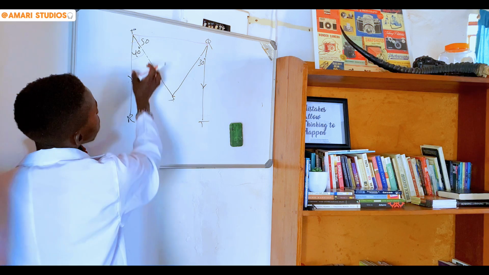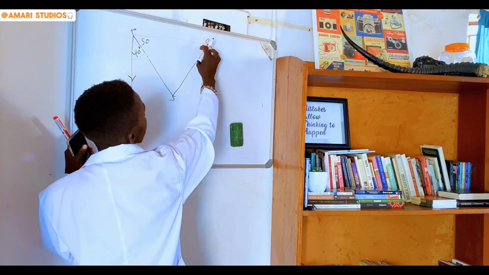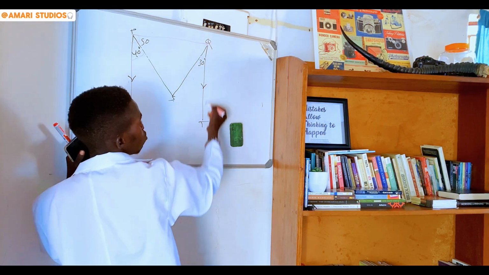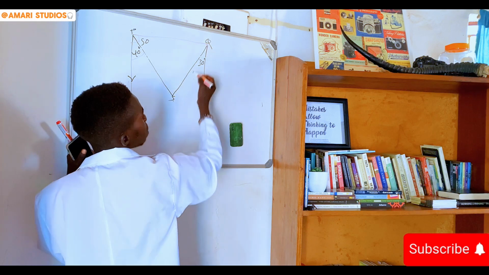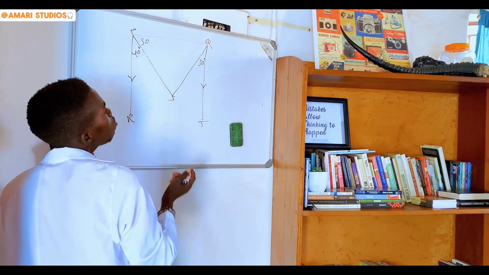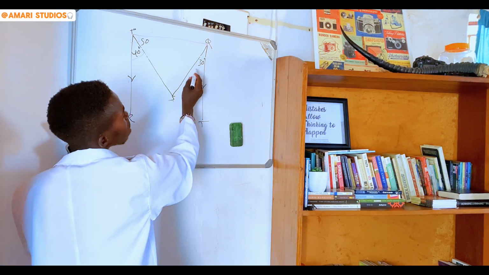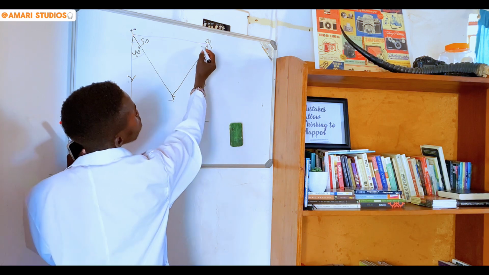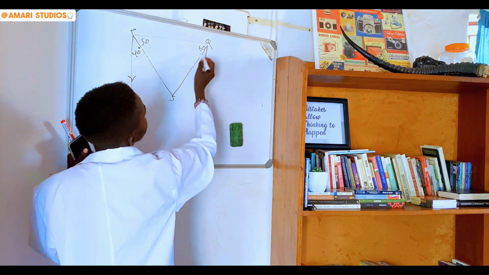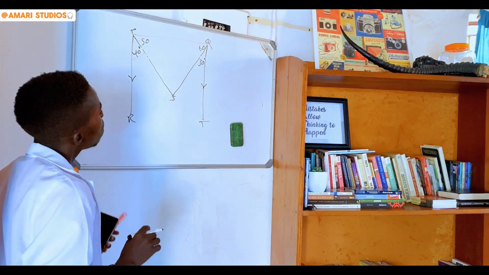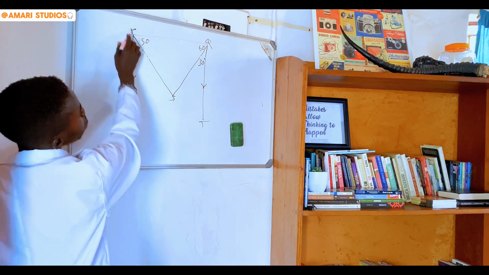Then the same thing is going to happen this side. PQ is perpendicular to QT, meaning that there is a 90 degrees angle there. Then we are going to subtract 30 from 90, of which we are going to get a 60 degrees angle there. Then the question said, can you find PSQ?